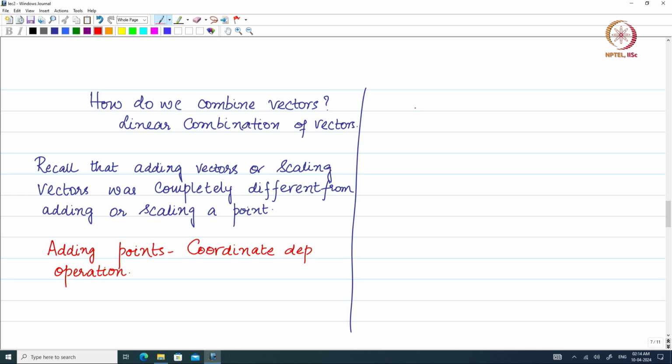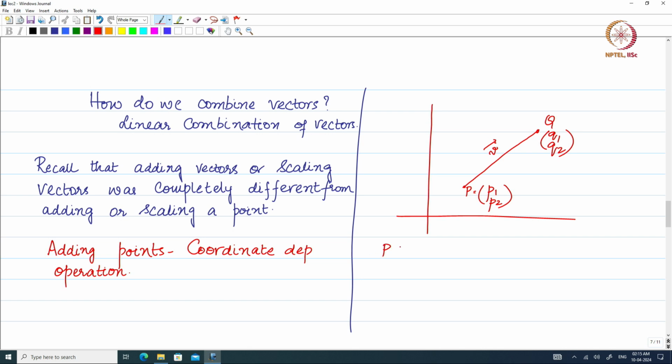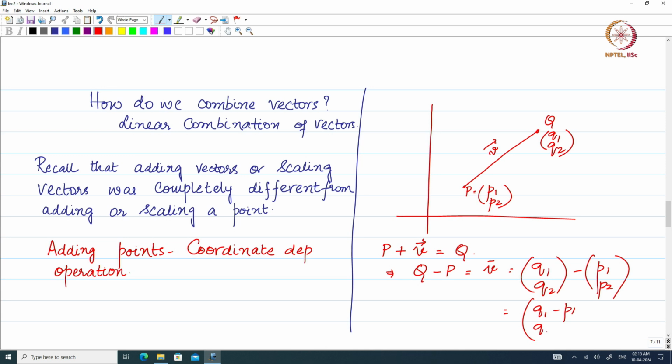However, we ended up doing this. What did we do? We took a point P, let us say here, whose coordinates are given by P1, P2, and we wanted to move to another point Q, with coordinates Q1, Q2, and we said that you go along the direction of this vector V. So we took this point P and added that vector V, and we ended up getting the point Q. Or rather, Q minus P gave me the vector V, which was (Q1, Q2) minus (P1, P2), giving (q1 minus p1, q2 minus p2).